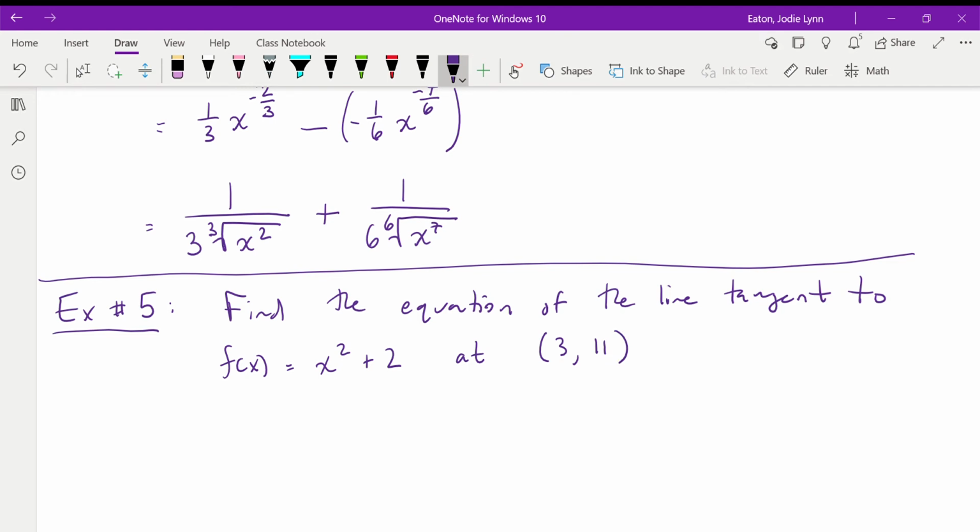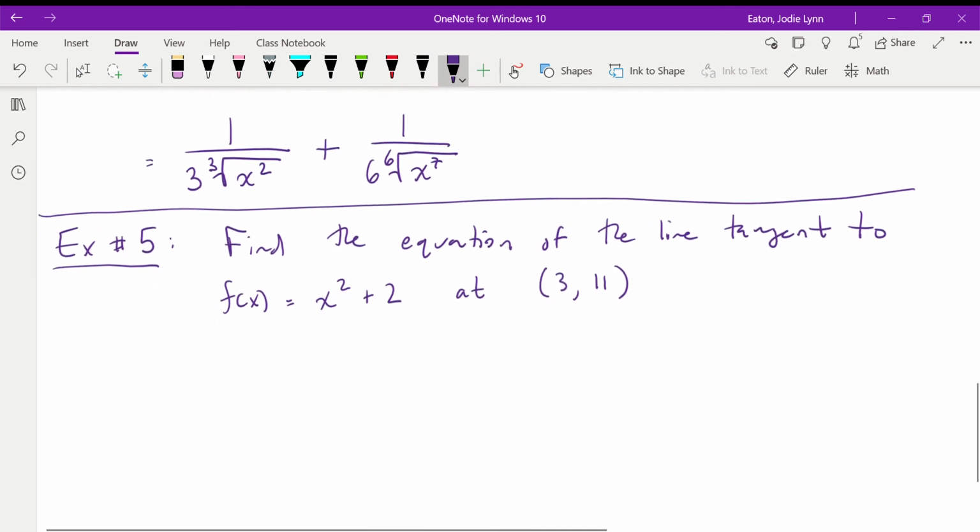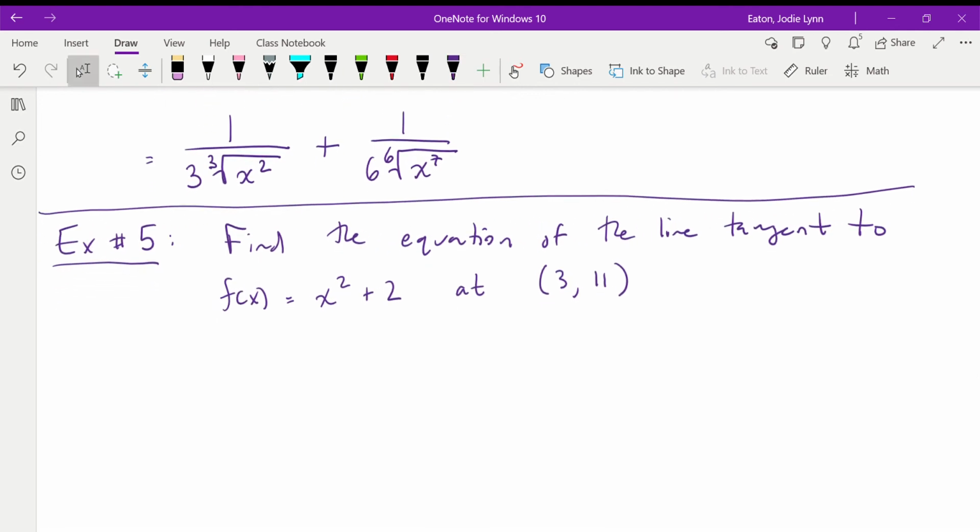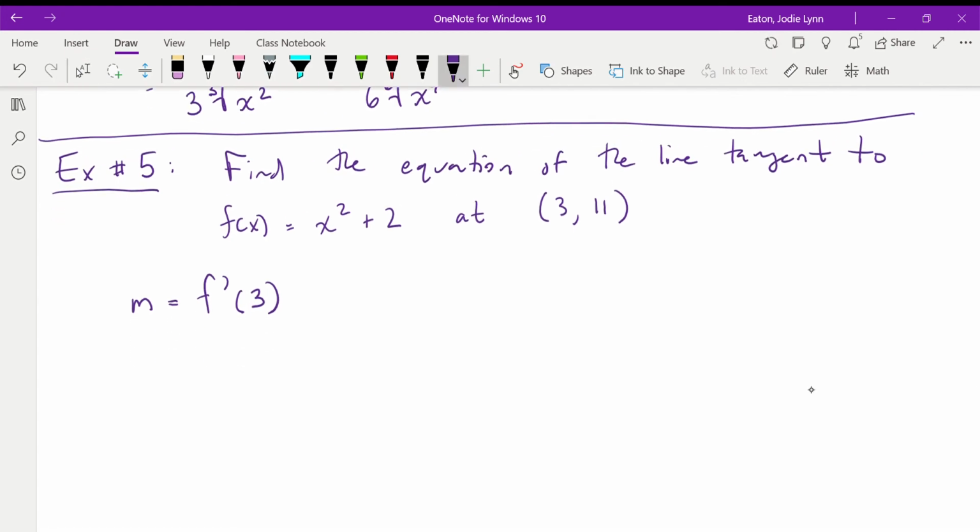Okay, so we are going to find our slope. So our slope, m, is going to be f prime evaluated at the point 3. So we're going to have to find f prime of x first, and then we'll evaluate it at 3. So f prime of x is equal to 2x.